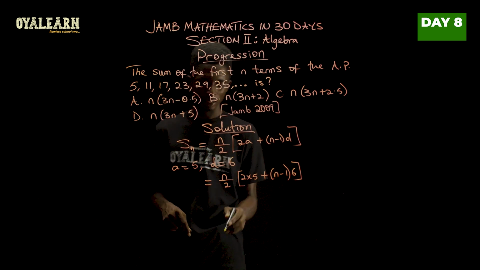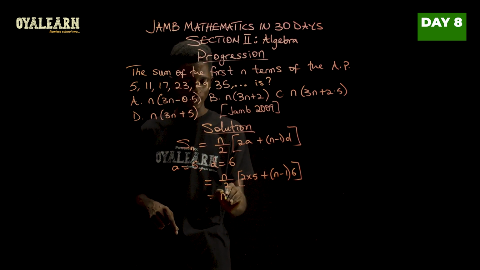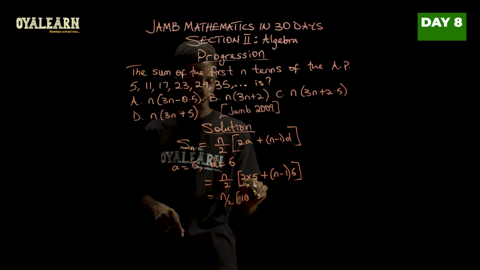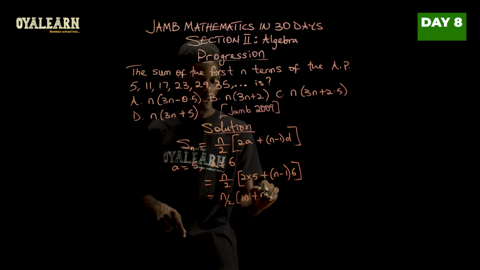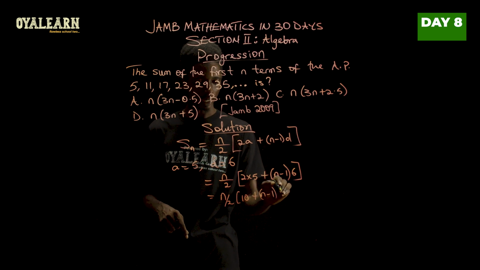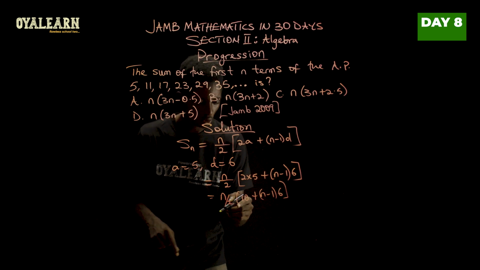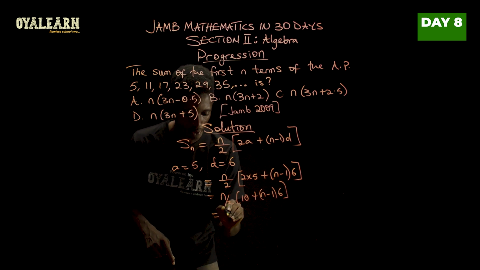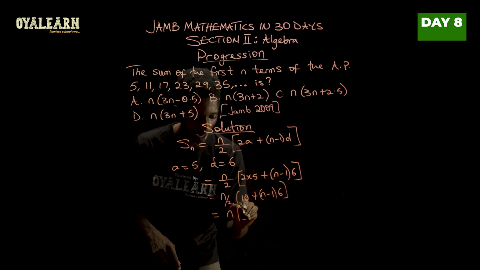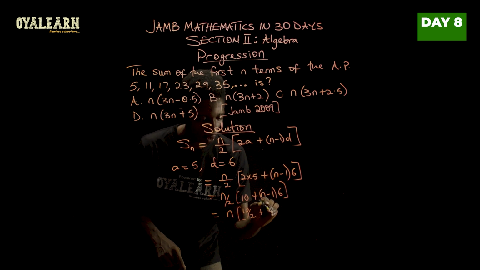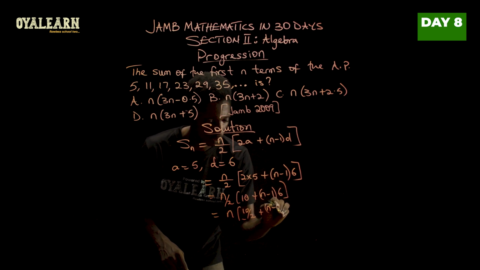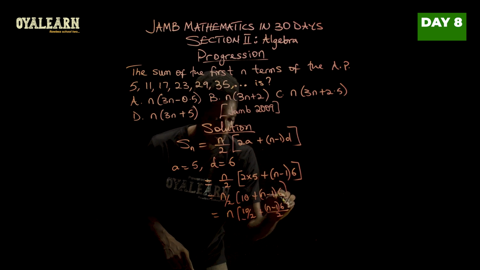Working with this, we get n over 2 into 10 plus n minus 1 times 6. Now, these two can go into this part so that we just have n here, and then here we have 10 over 2 plus n minus 1 times 6 divided by 2 as well.